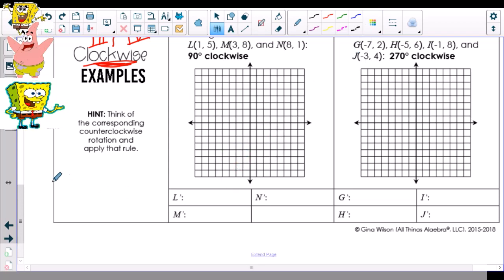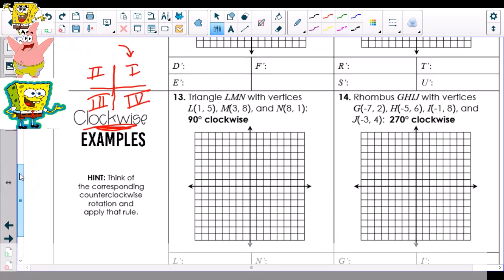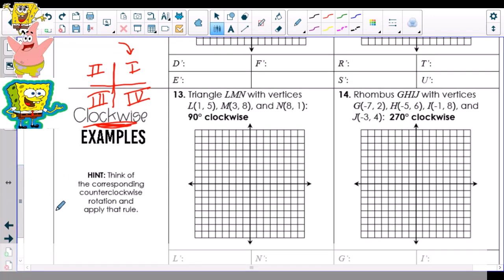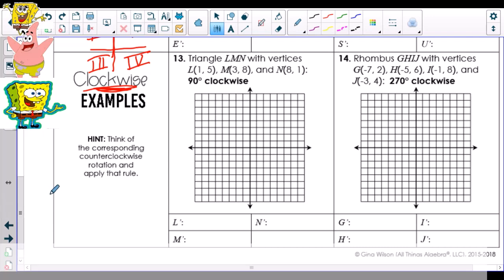So this is the way we write it: if we have a rotation of negative 90, that means clockwise, right? Clockwise is the opposite from the normal way, so we say negative 90.